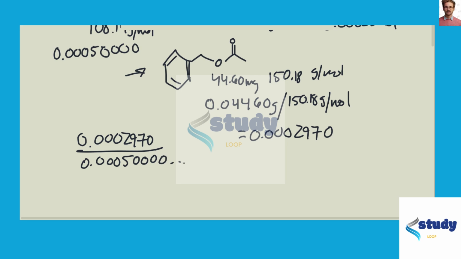Doesn't really matter. And if we want that as a percent, we should multiply by 100, because this will simply give a fraction. So percent yield equals, what do we get? 0.000297 divided by 0.0005. I multiply by 100, we get 59.40.